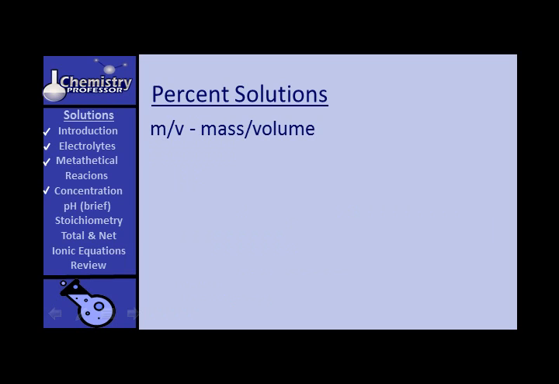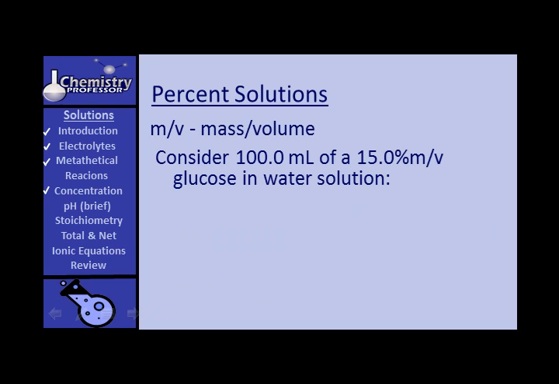Now let's go to mass volume. Consider if we have 100 milliliters of a 15% mass volume glucose and water solution. And I'm using glucose because this is the one that is most frequently used in medicine and biology, and glucose and water is a common one. Well, how much glucose do we have?